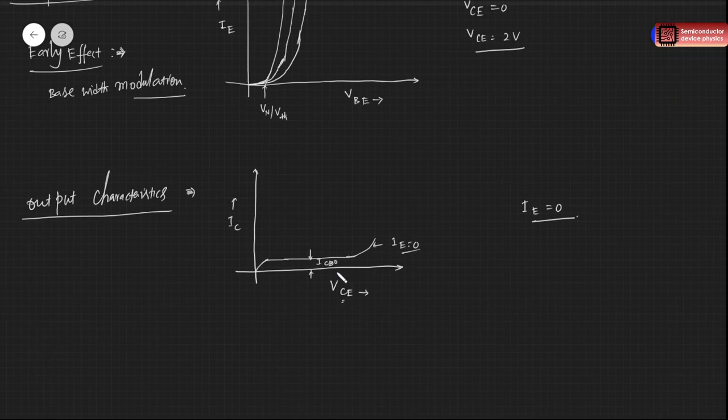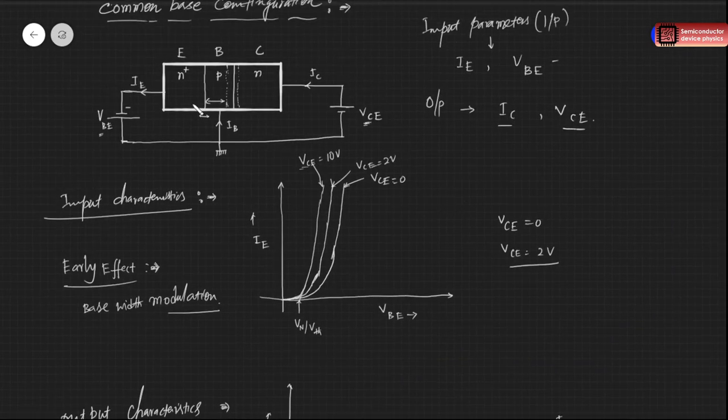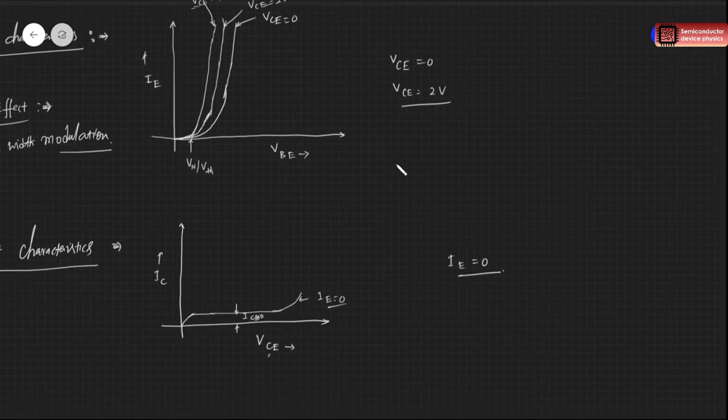Now, if we change the value of the emitter current, then what will happen? If you increase the emitter current, then in the transistor current equation, IC equals alpha IE plus ICBO.